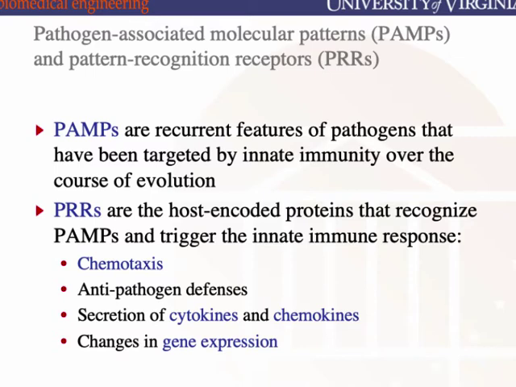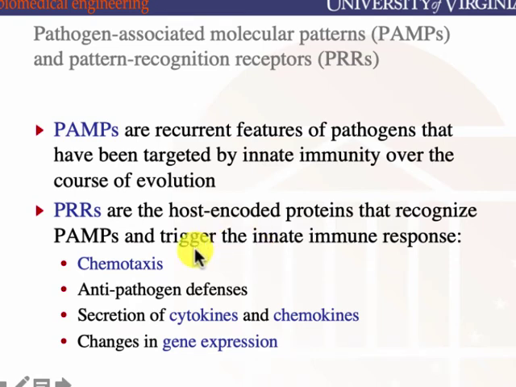What you're going to find at the end of this lecture is that there are proteins in this larger family of PRRs that are not classical receptors. Okay? So think about this as a historic term and think more about the definition, which is correct: host-encoded proteins. Okay? All right.